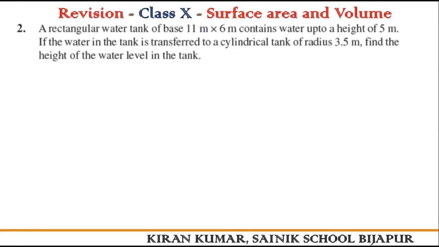Next one, a rectangular water tank of base 11 meter into 6 meter. It contains water up to a height of 5 meter. If the water in the tank is transferred to a cylindrical tank of radius 3.5 meter, find the height of the water level in the tank.